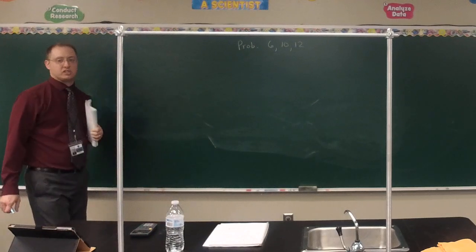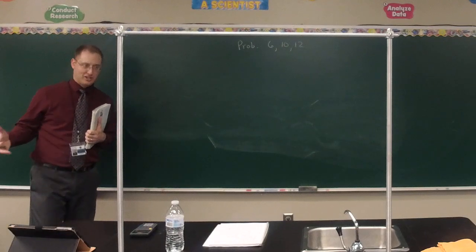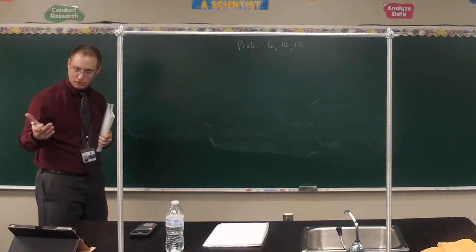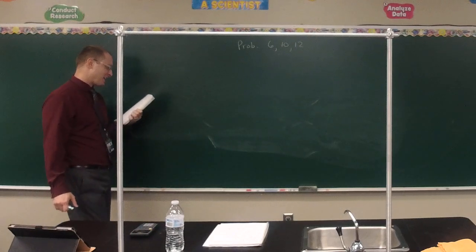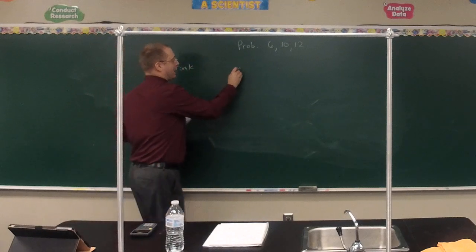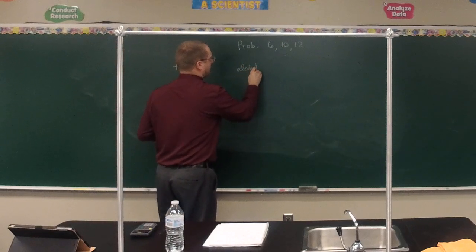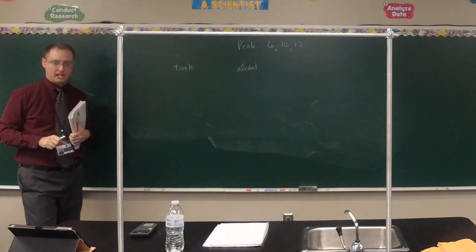Now, we presume this is not an alcohol that you would drink. This is like an alcohol used in sanitizer, right, to fight COVID-19. All right, so anyway, we've got two substances. We have the tank and the alcohol in the tank. Now, assuming that the tank is completely full, what's the volume of the tank?